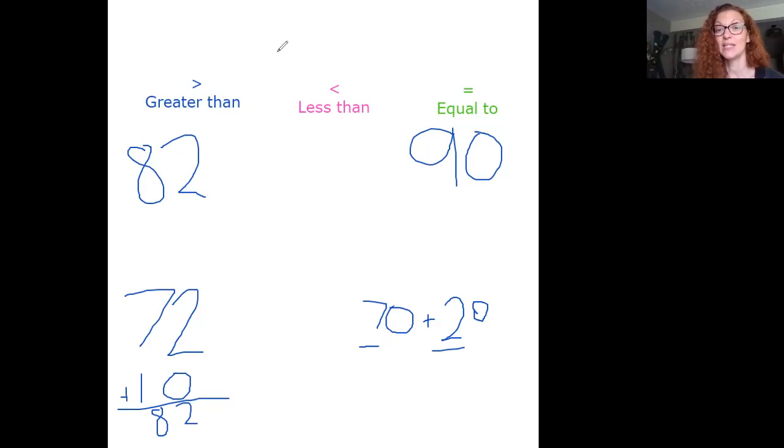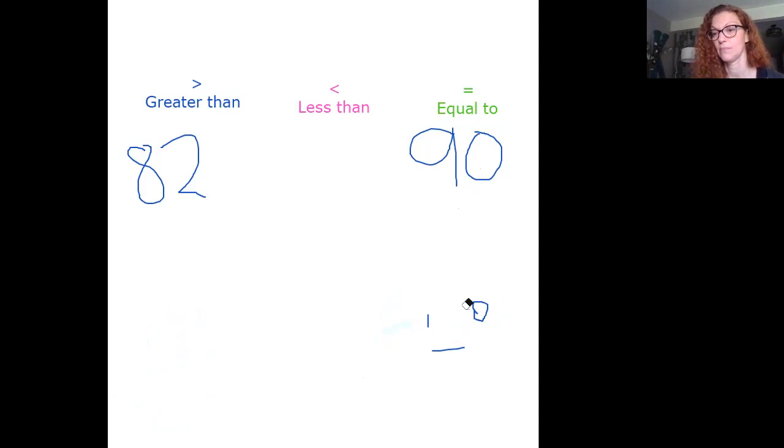All right, so we have 82 and 90. What symbols are you going to write? Write it down, then show me. I'm so proud of you guys. Which one is bigger? Absolutely, right? Because you looked at the 8 and you looked at the 9.